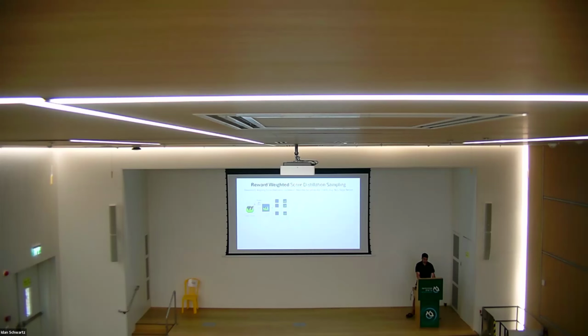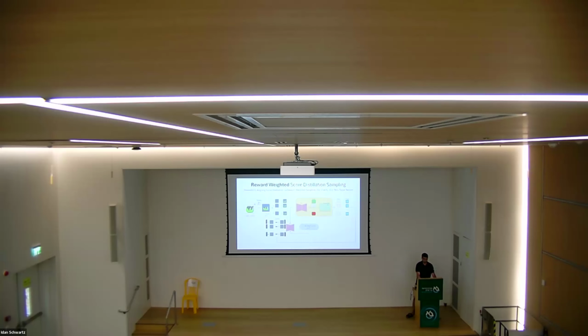Okay, so let's go back. We have those noisy images. We're going to get scores for each of those noisy images using our reward model. And we're now going to use these scores to produce a weight for each of those reconstruction losses for each of the noises.